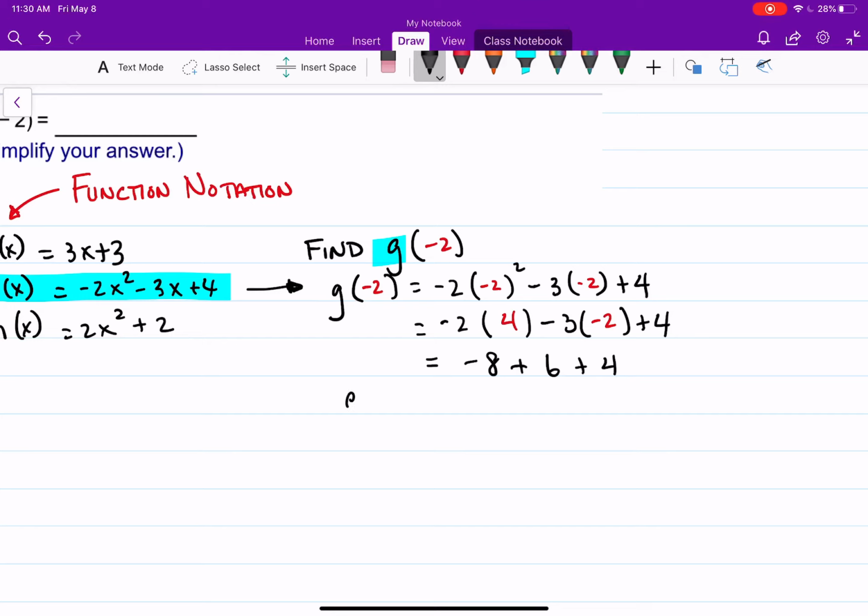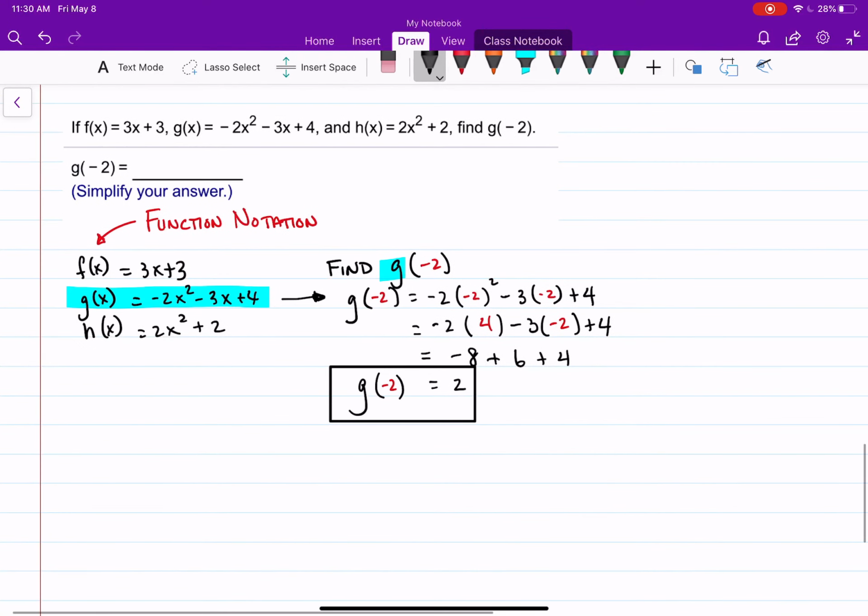So g of -2 is equal to 2. All right, so it's -8 plus 6 is -2. -2 plus 4 would be +2. Okay, so that is something else that they could be asking you to do.